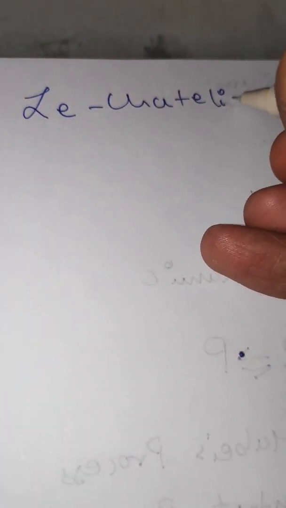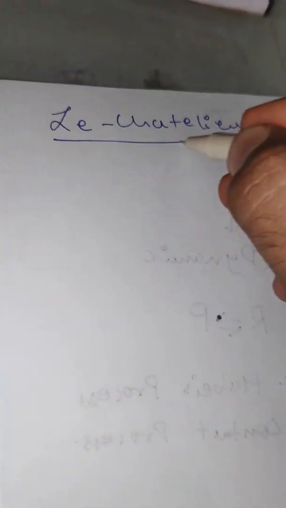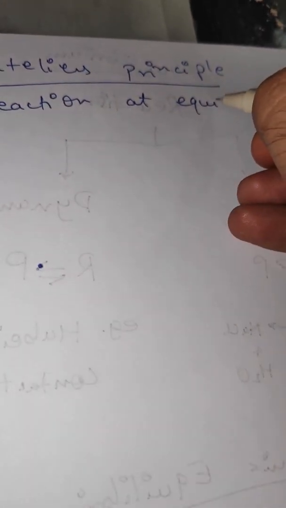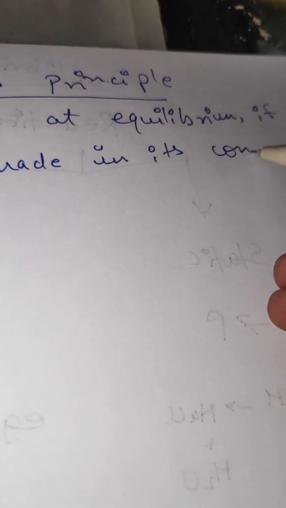We come across a very important rule called Le Chatelier's Principle. Le Chatelier's Principle states that in a reaction at equilibrium, if a change is made in its conditions, then the equilibrium is broken down.